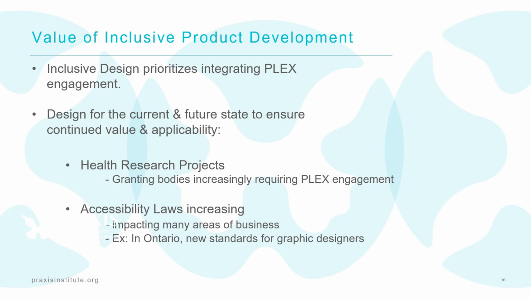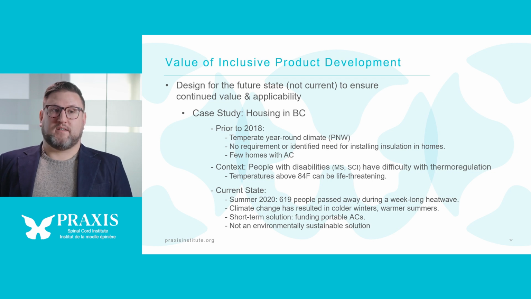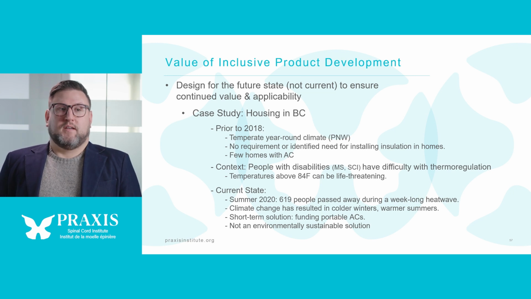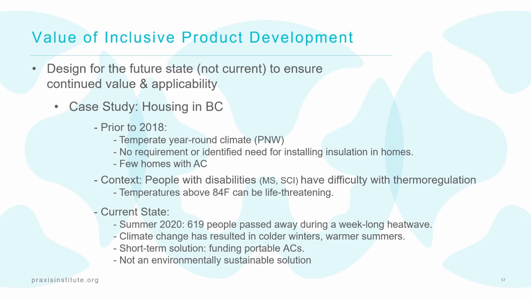Another interesting case study to explore is the area of housing in British Columbia. Prior to 2018 and the rise of heat waves, we had a fairly temperate year-round climate in the Pacific Northwest. There was no requirement or identified need for installing a lot of insulation in homes or ACs being installed everywhere.